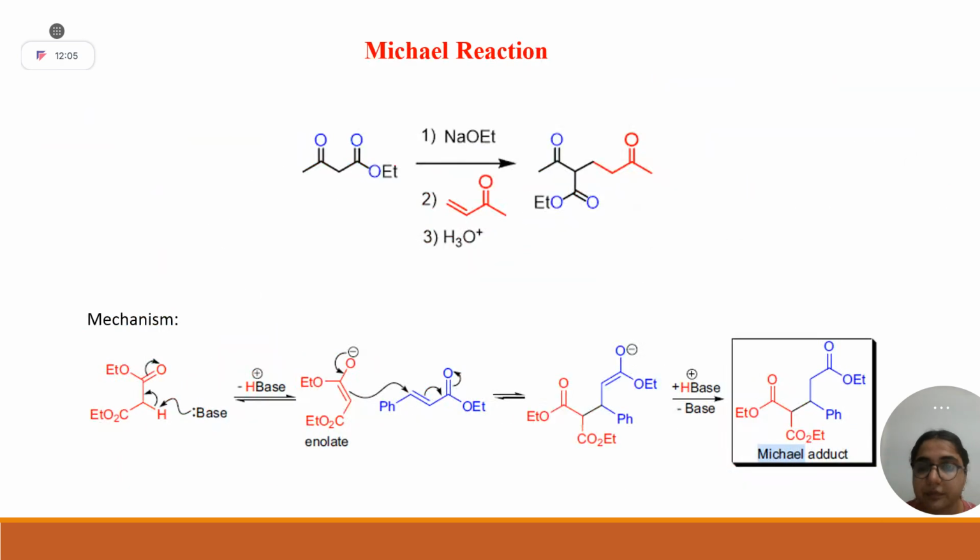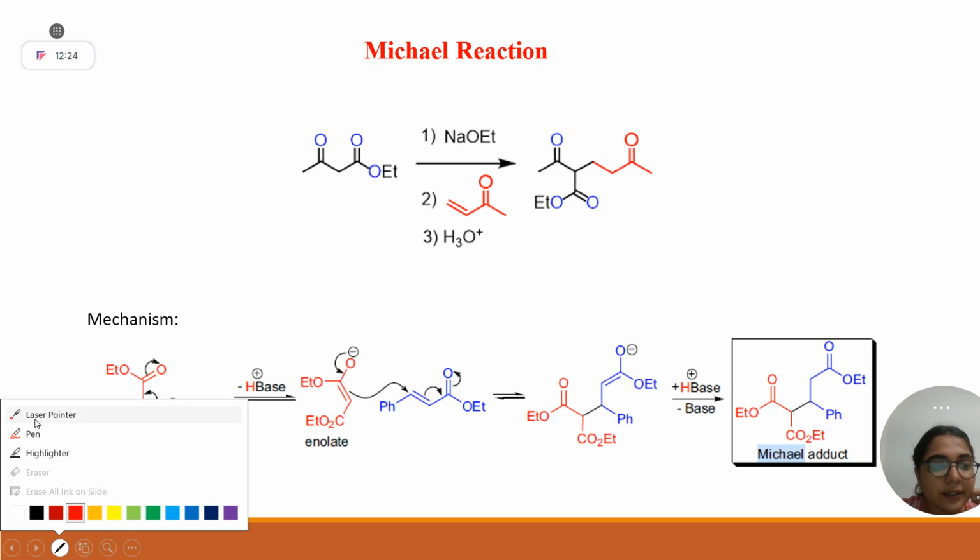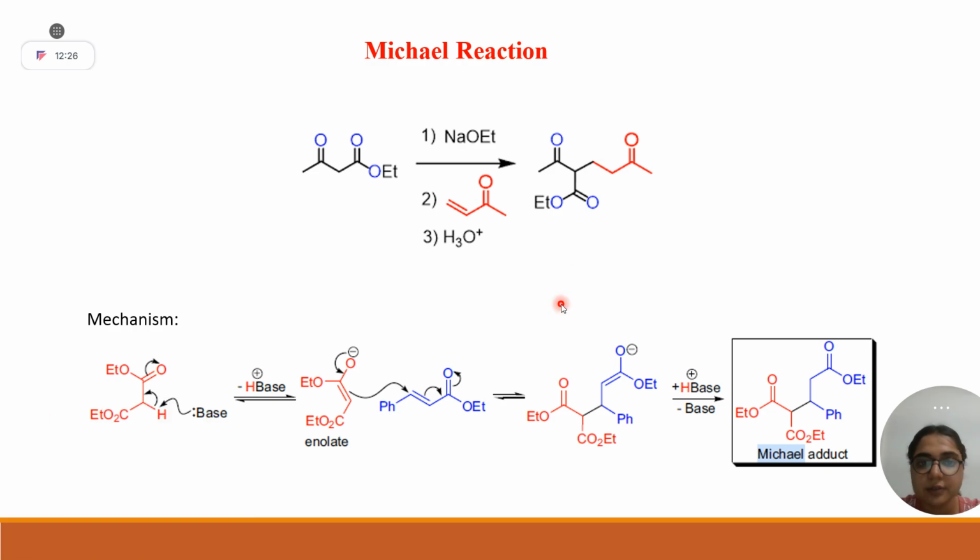Okay. Now let's study your Michael reaction. Whenever your acceptor is alpha beta unsaturated ketone, your donor can be anything. It may be an aldehyde, it may be a ketone, and this is your active methylene compound, right? So if we look at the mechanism of Michael reaction, you are given base. The role of base is to abstract a proton.